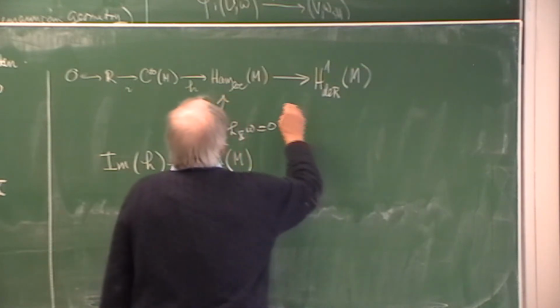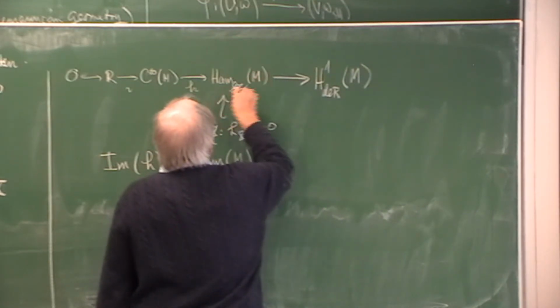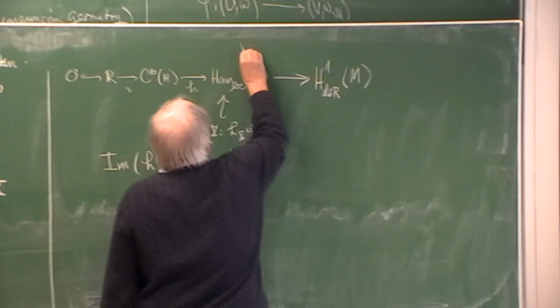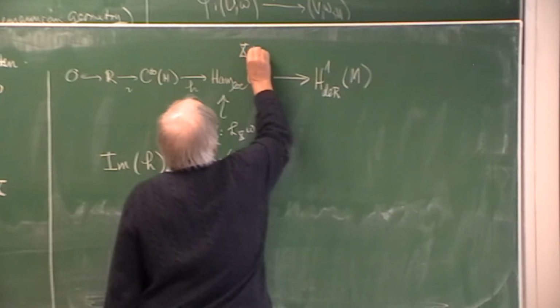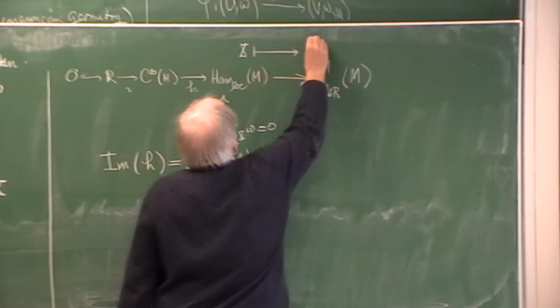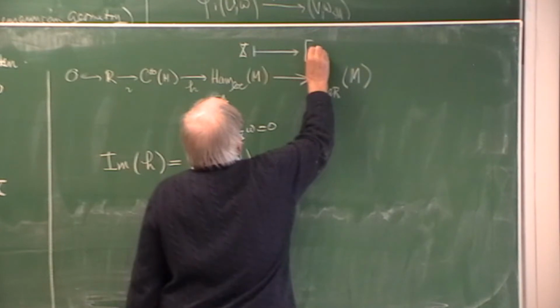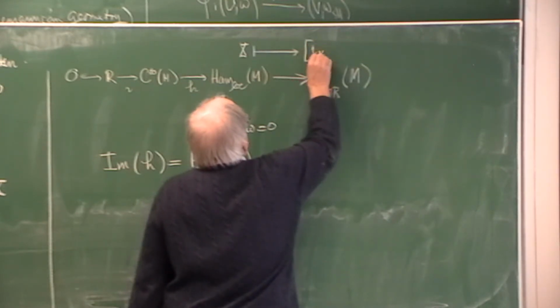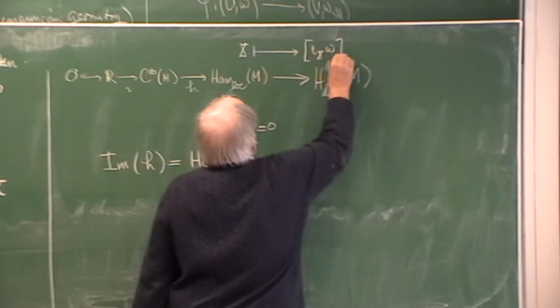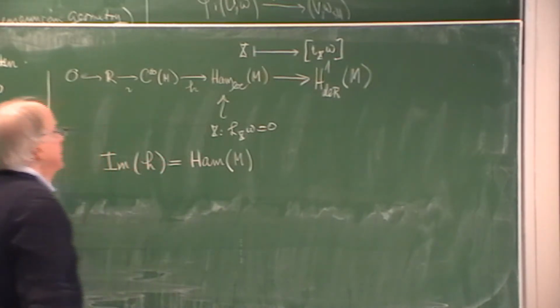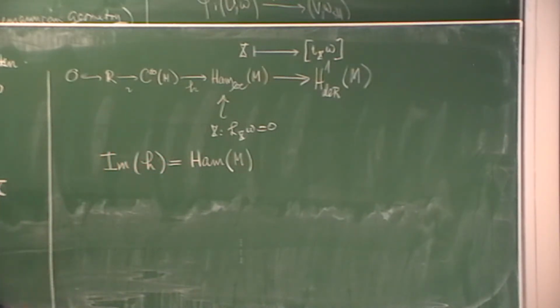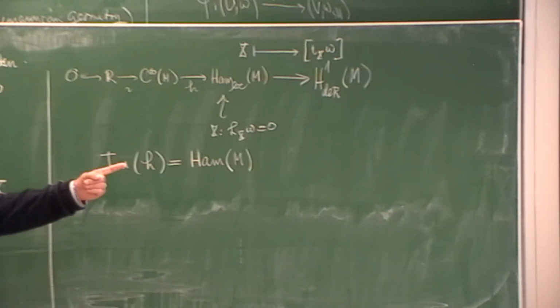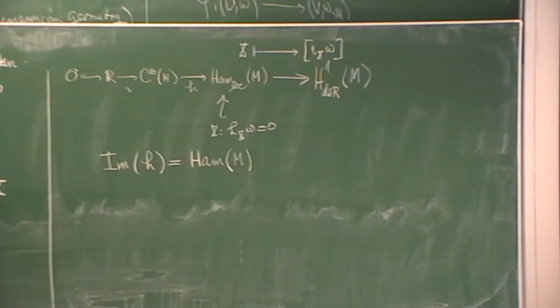And now what do you do here? This is an interesting thing. What do I have here? I have a vector field which is local Hamiltonian, and I map this to the equivalence class in de Rham cohomology of the contraction. I would like for that thing to be exact, to be d of something.